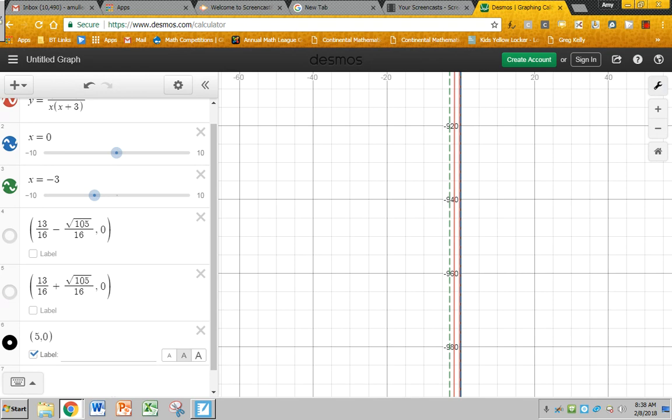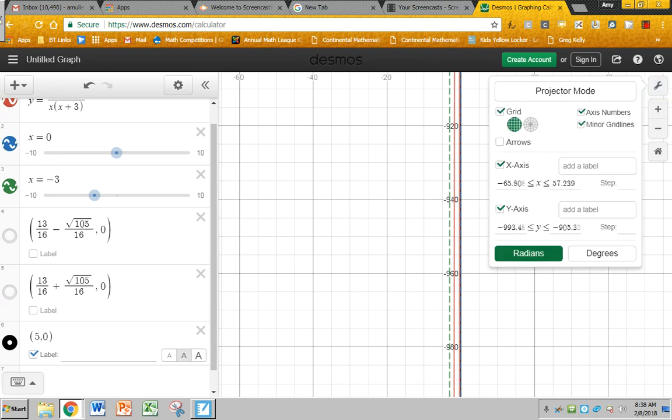Okay, so let's hit... I'm going to cheat here, right? On the x-axis, let's type in negative 10 to 10.